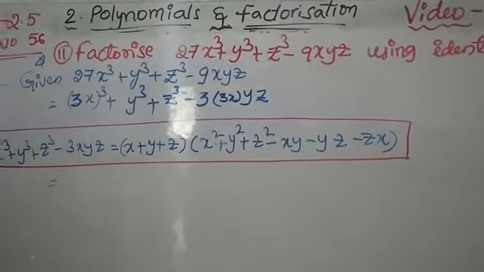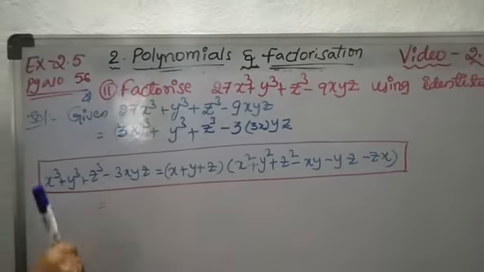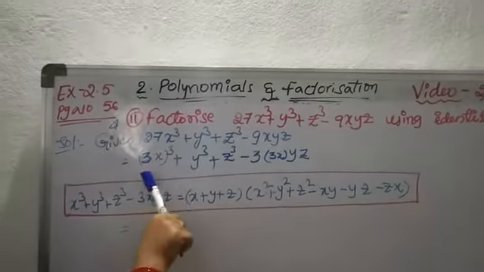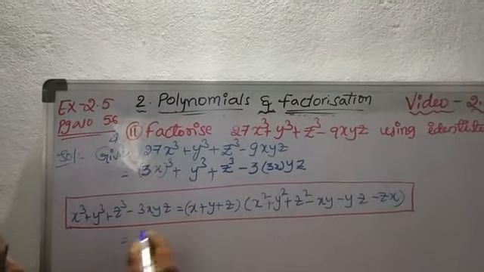Now observe children, it is same like this algebraic identity, just we can expand this like this: x plus y plus z.